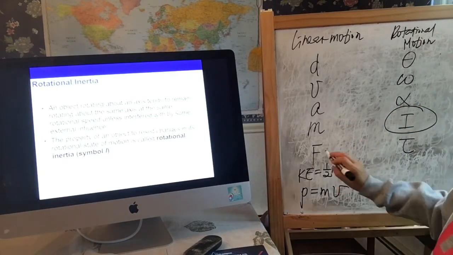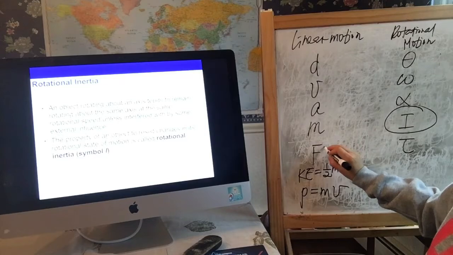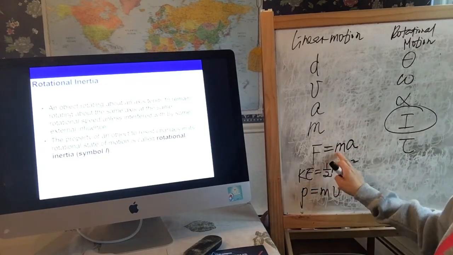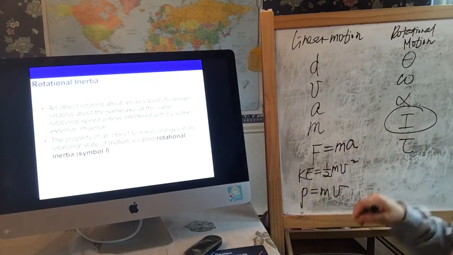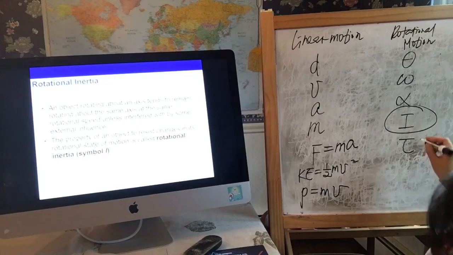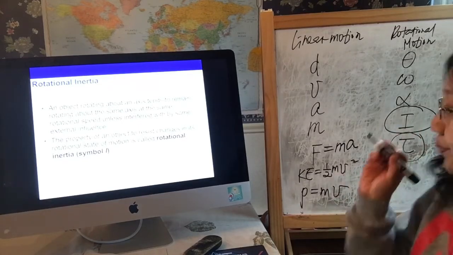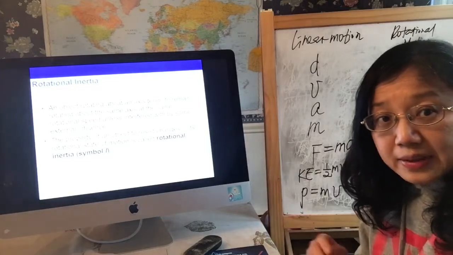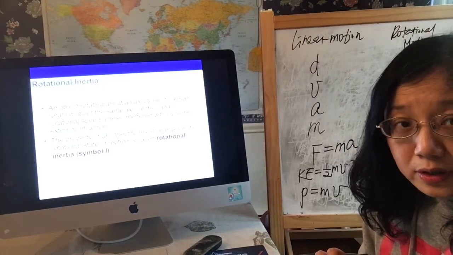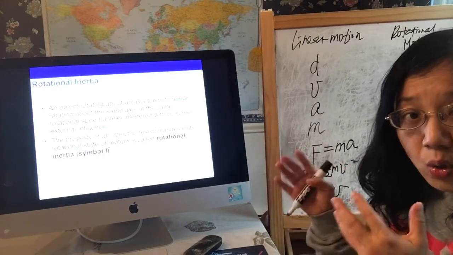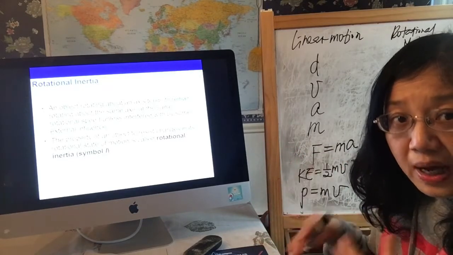And then we have force. We learned that force equals mass times acceleration, which is Newton's second law. But in rotational motion, we are going to introduce the concept of torque, which we're going to talk about next class. Torque depends not only on the force, but also on where you're applying the force.